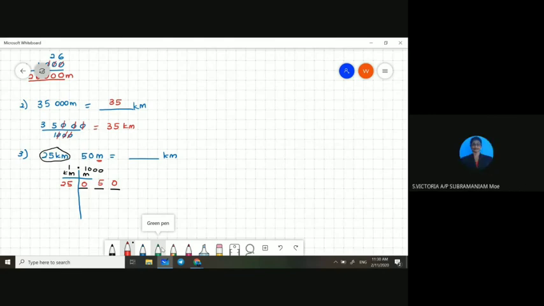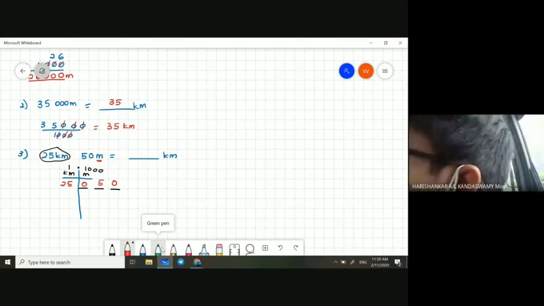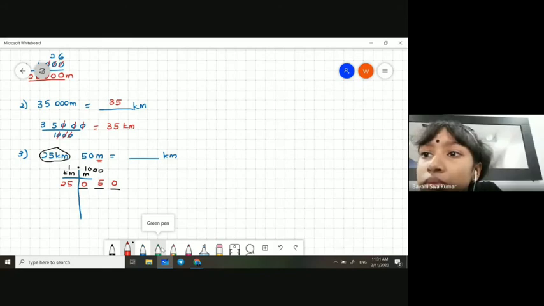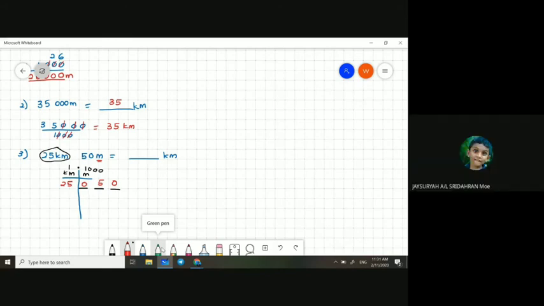So when we do the T method, we can get 3 types of answer. Kilometer is the bigger unit, right? If bigger unit, what must we put in the answer? Kilometer must have a decimal point.